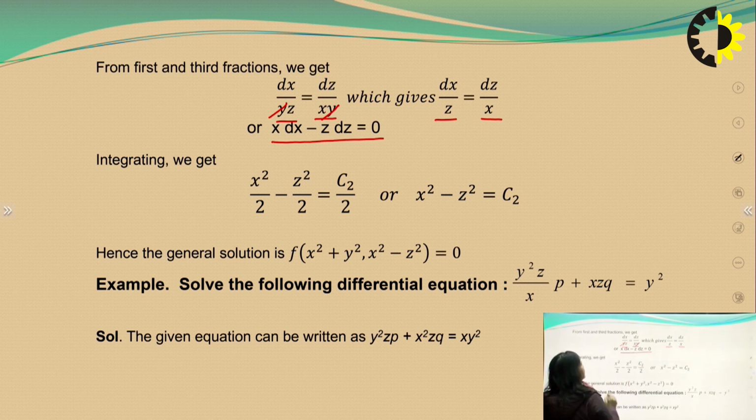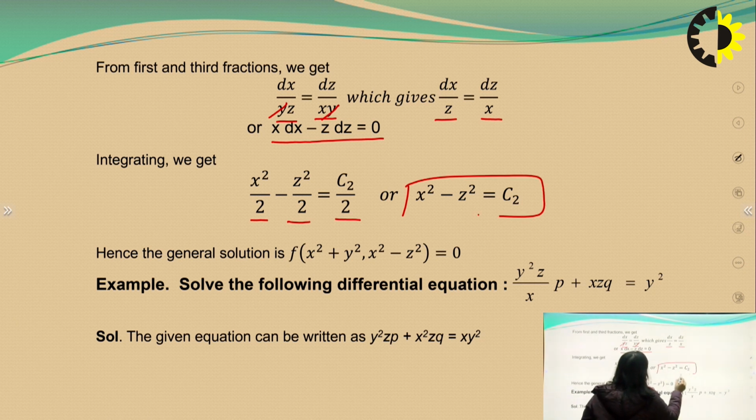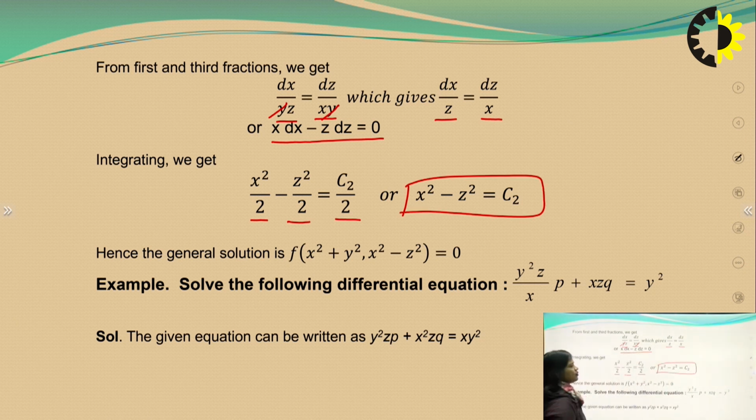If I integrate this equation, I get x square by 2 minus z square by 2 is equal to a constant upon 2. We have written this constant with 2 so that this 2 balances out on both sides. So hence we have one more solution, that is x square minus z square equal to a constant.